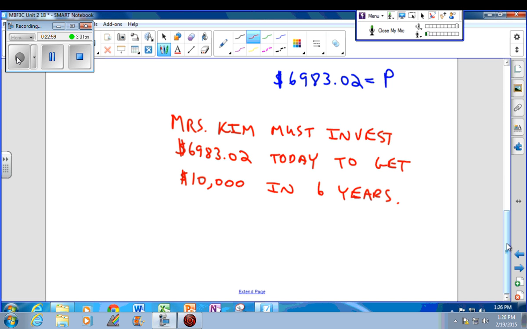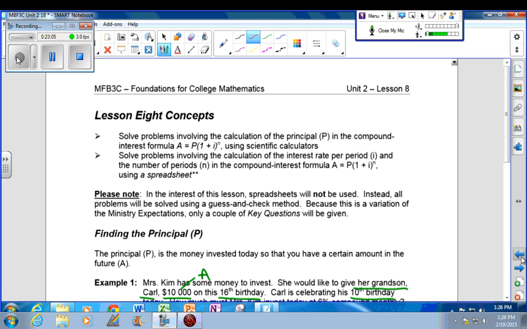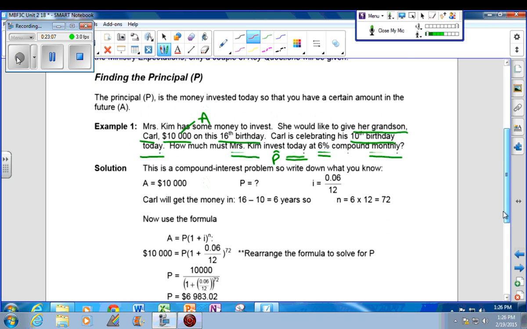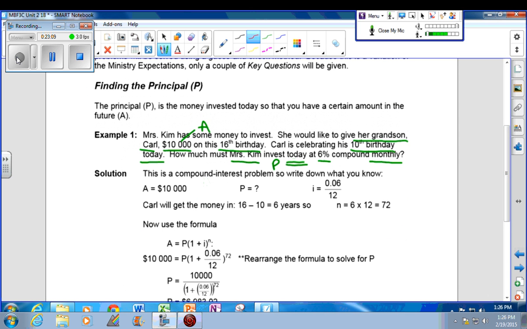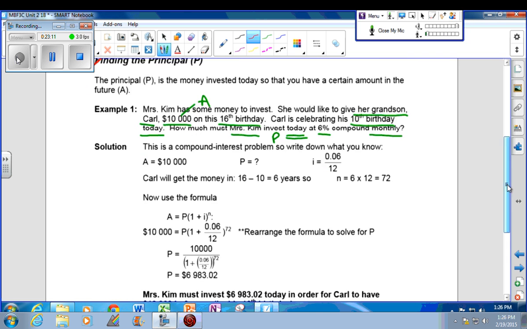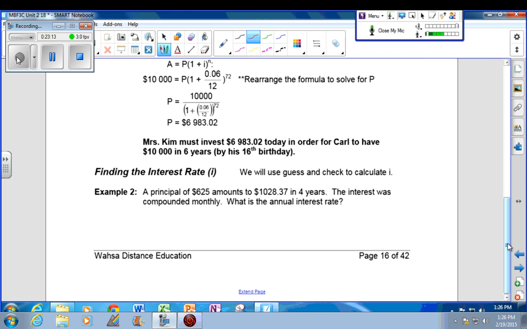All right, now looking at this, there's another thing that we have to be able to do with this compound interest formula. Okay, we found the principal, so that was just manipulating the compound interest formula. Now, how about finding the interest rate?